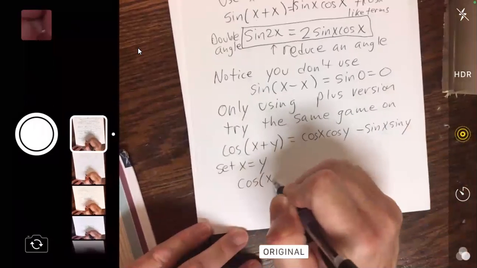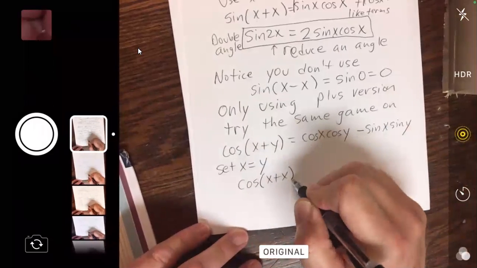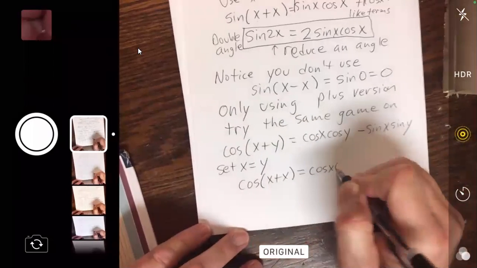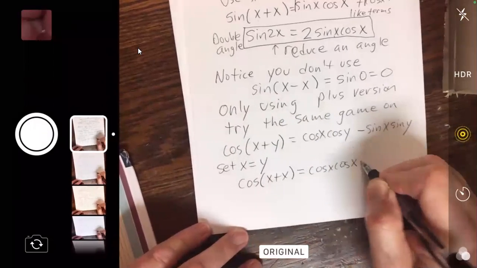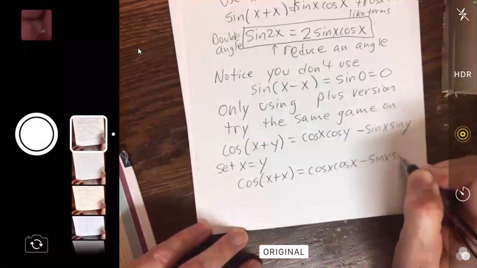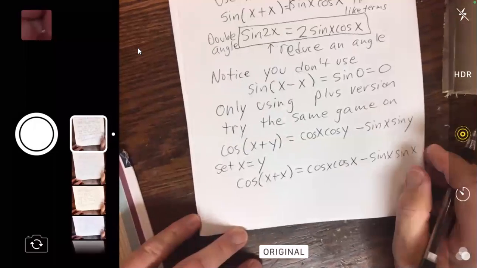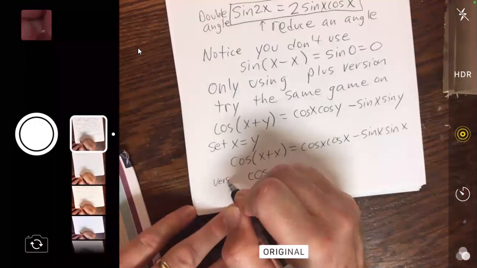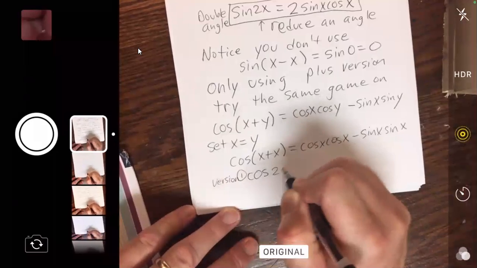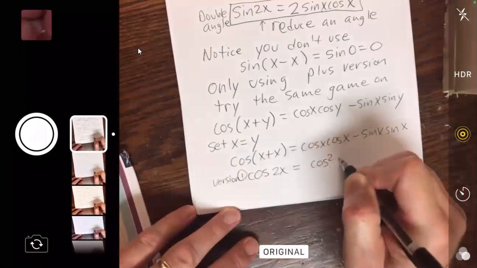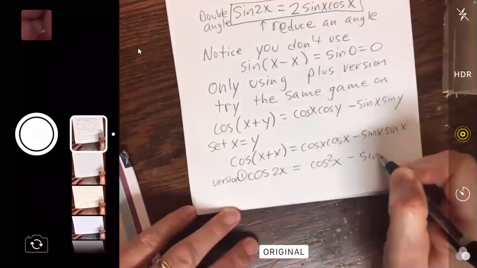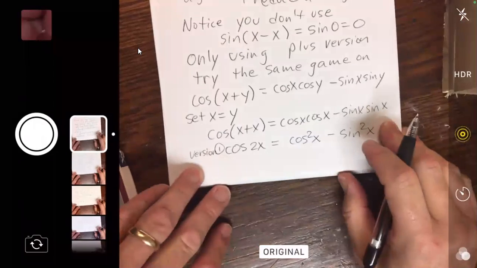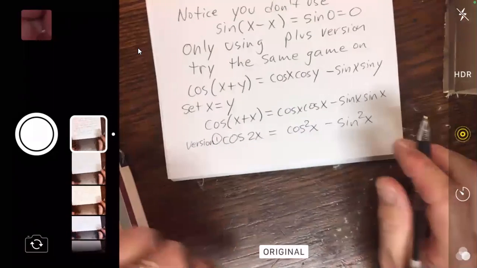Cosine then of x plus x, or y equals x. Cosine x cosine x minus sine x sine x. There's your cosine of 2x. This is version 1: cosine squared x minus sine squared x. Okay, so that's one version of it.